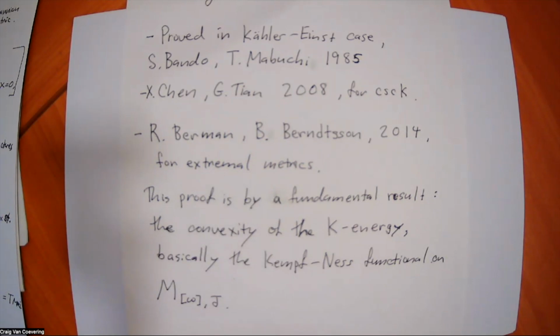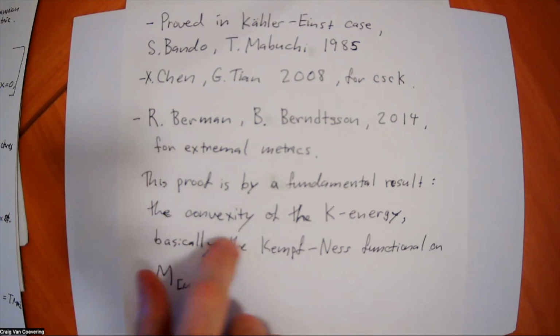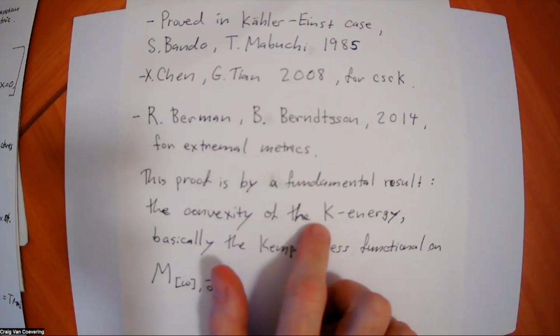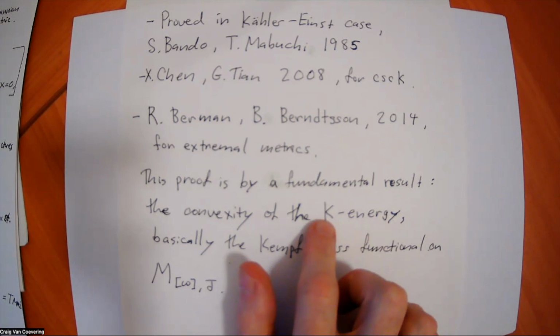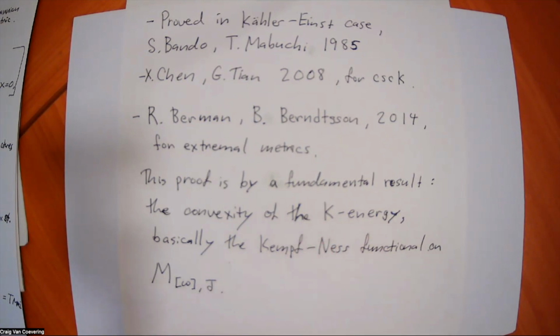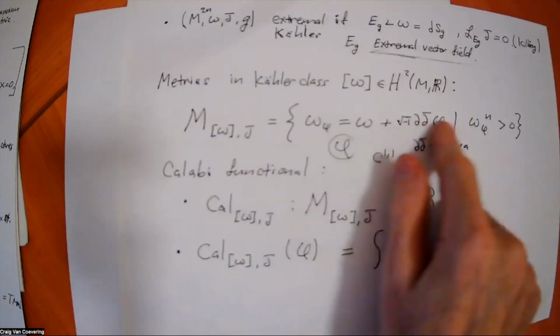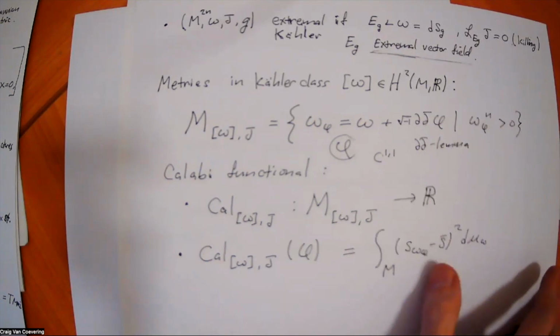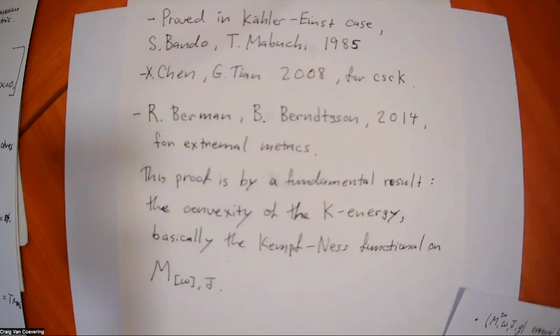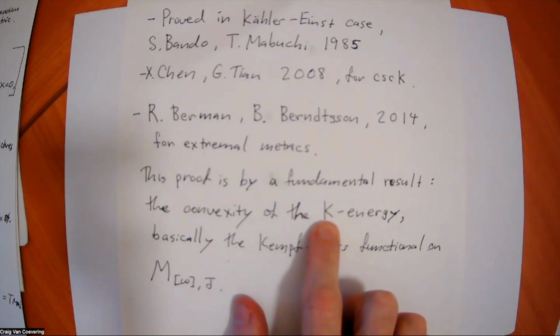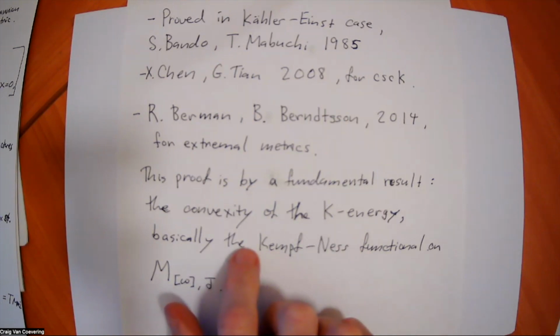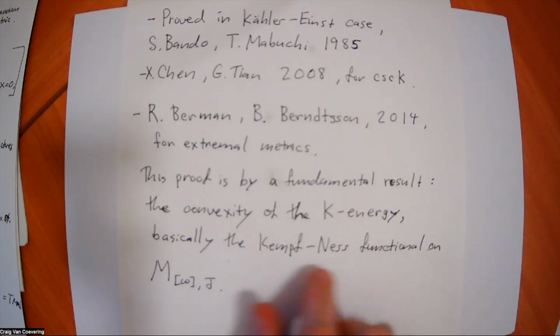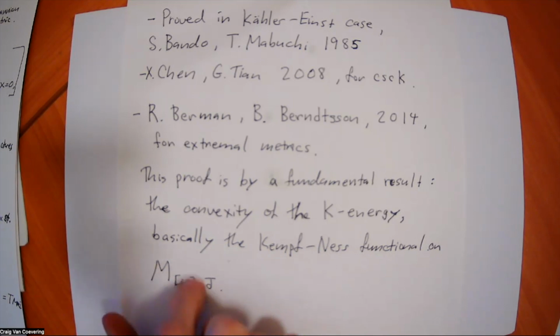And this is also interesting in that, I haven't defined it, but there's an energy on the space of Kähler metrics in the Kähler class, called the K energy, or sometimes called the Mabuchi energy. And it's basically a Kempf-Ness functional on this space of metrics.